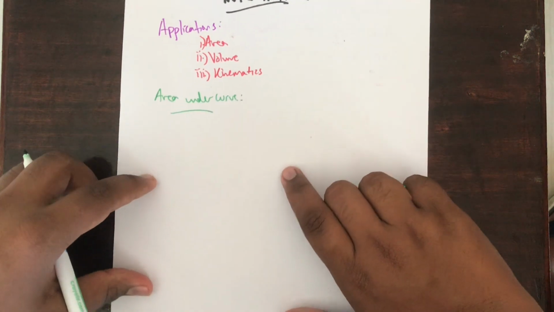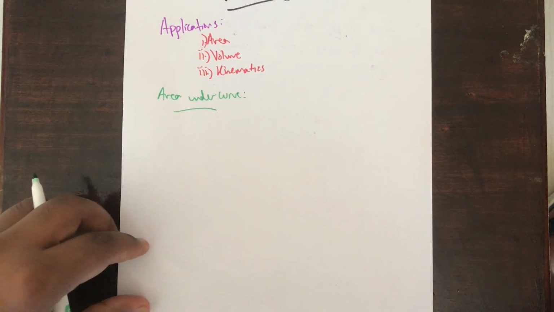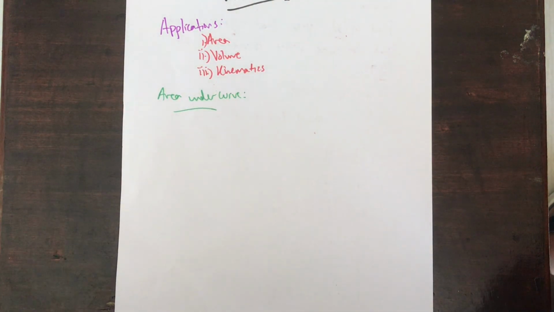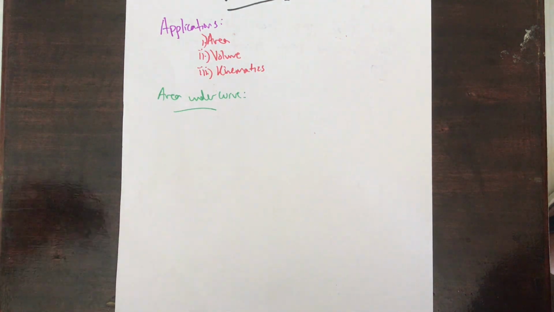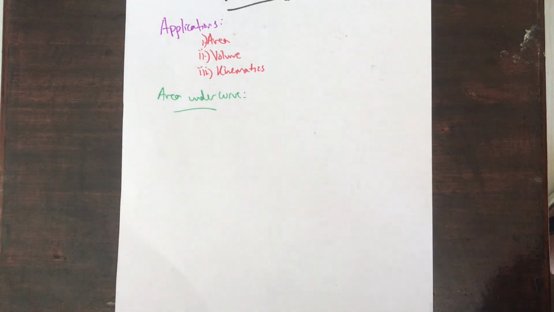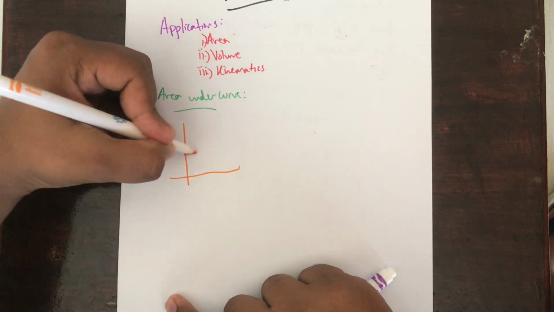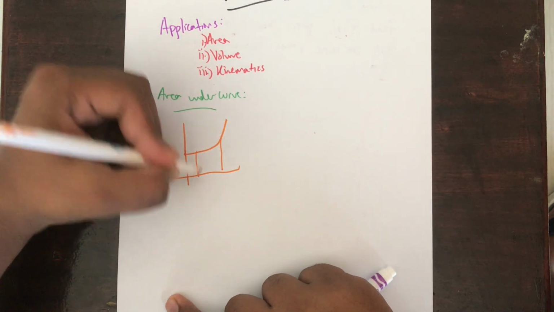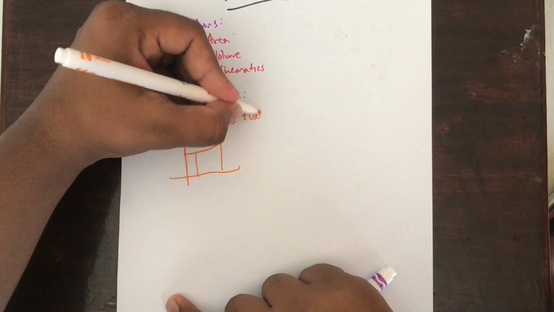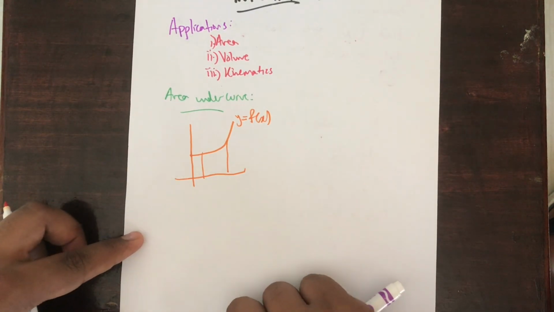Now, there is a derivation process for this, but it's quite complicated, and hence I'll just jump into the formula of getting the area under the curve. So suppose you've got a curve y is equal to f of x.